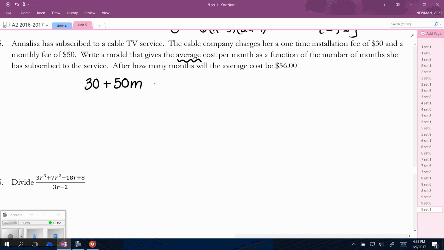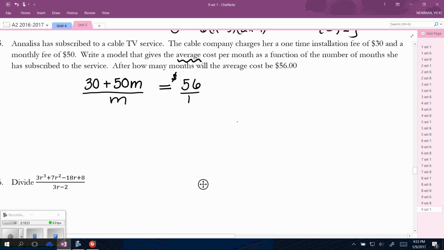It says write a model that gives the average cost per month as a function of the number of months she has subscribed to the service. We want the average to be $56. So we want to divide by the number of months she's subscribed. So this is 56 over 1 is equal to 30 plus 50m over m.